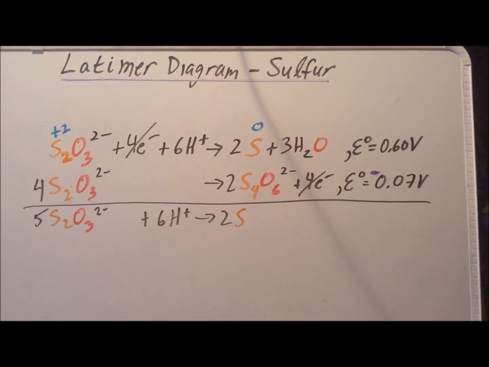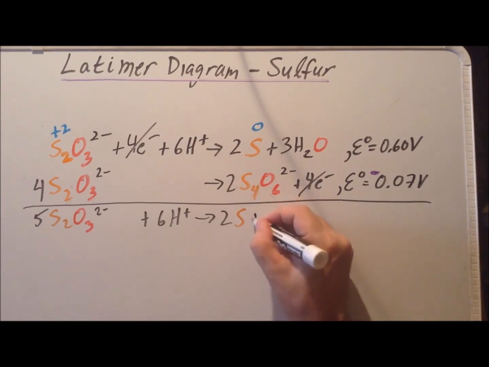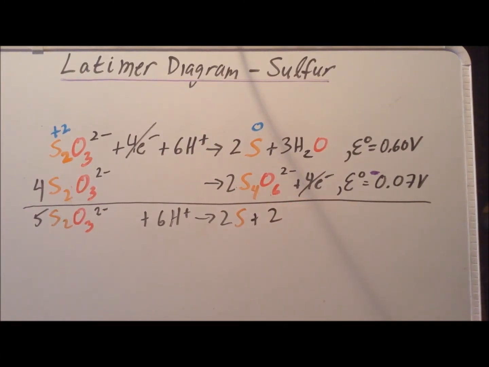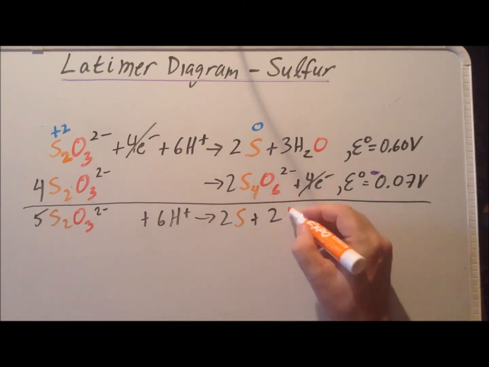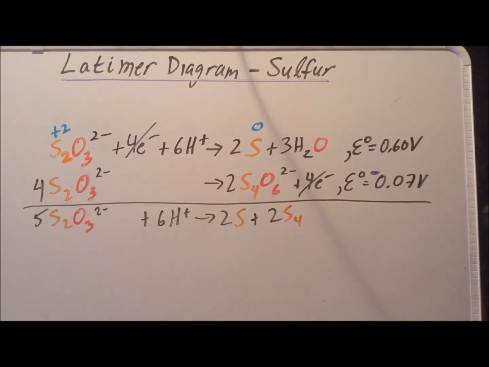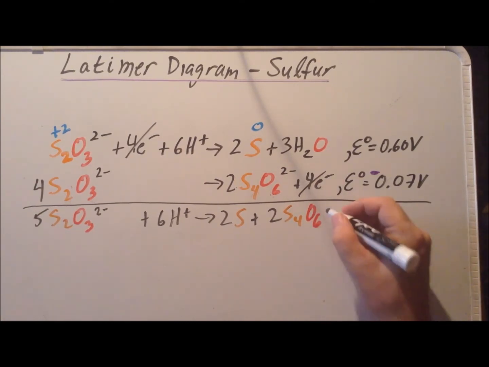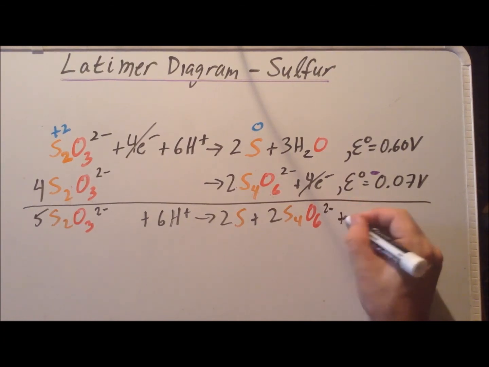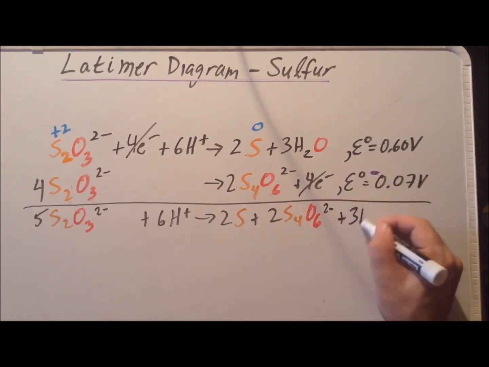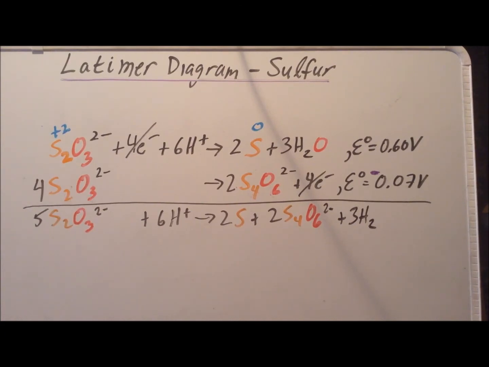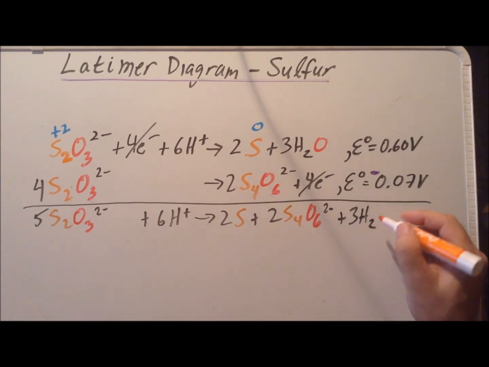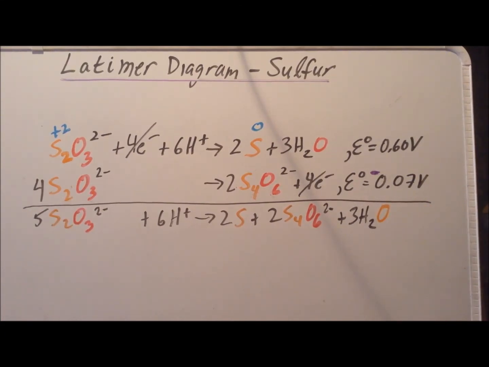Plus, we have 2 tetrathionate ions. Plus 3 molecules of water. So this is the net disproportionation reaction for thiosulfate in acidic solution.